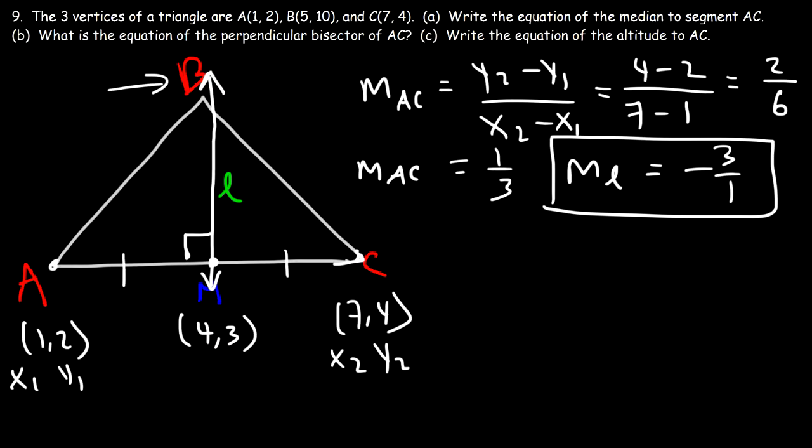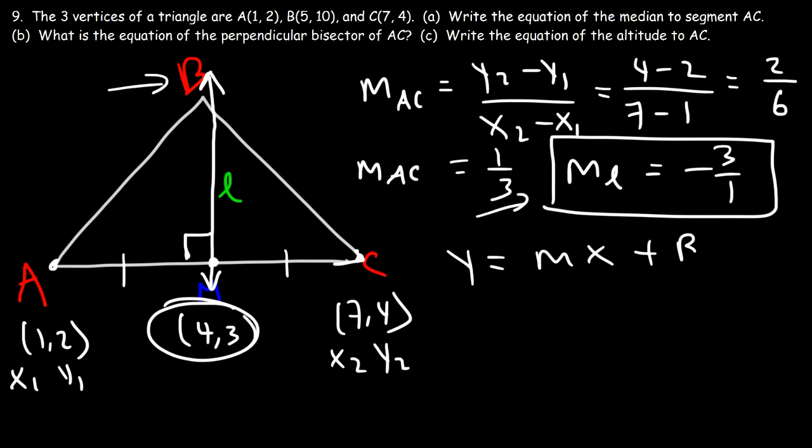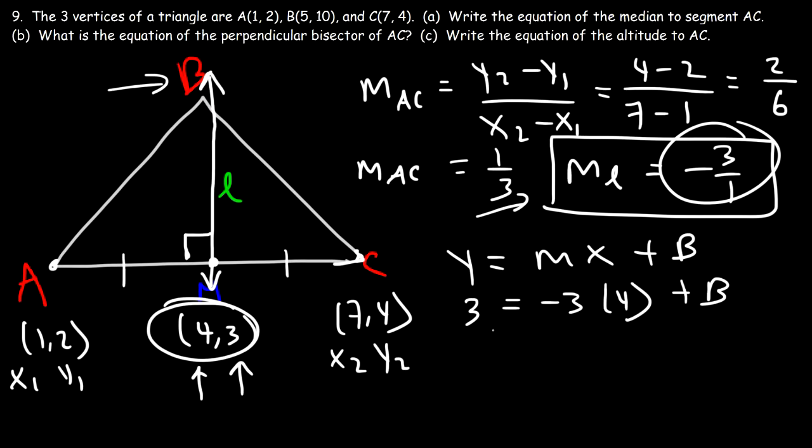Now let's write the equation of the line using the point and the slope. This time I'm going to use the point-slope formula for those of you who prefer that method. So y is going to be 3 and x is 4 and m is negative 3. So let's calculate b. Negative 3 times 4 is negative 12. And then let's add 12 to both sides.